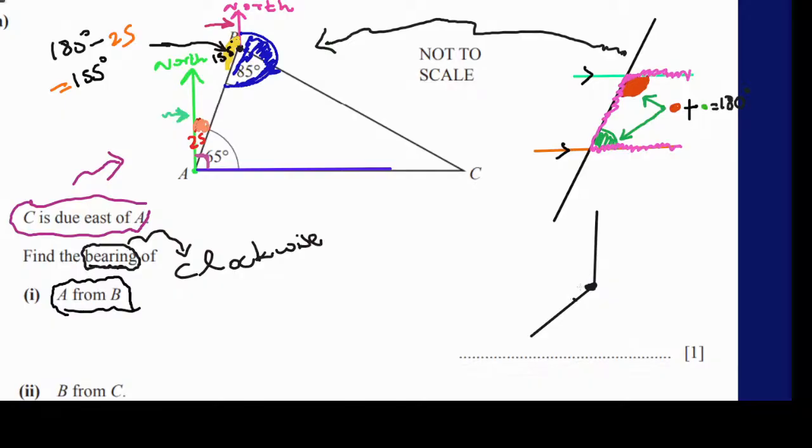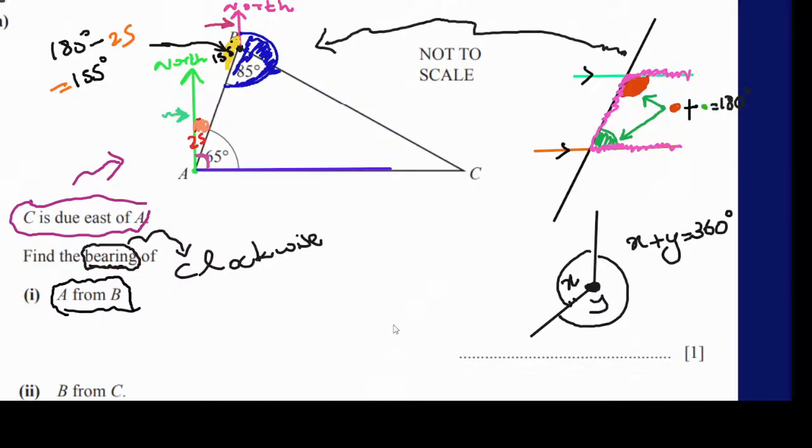This angle here, let's say this is X, and the reflex angle, let's call it Y. When we add these two angles around this black point, what should we get as the answer? What is X plus Y? X plus Y is 360 degrees. Angles around a point add up to 360 degrees.